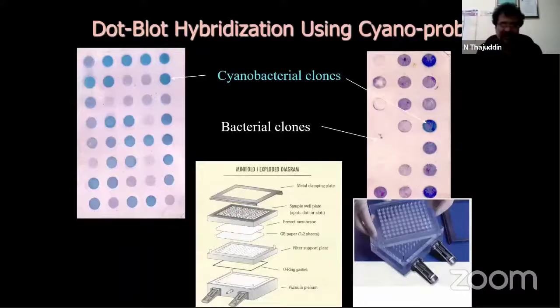To identify which clones are cyanobacterial 16S and which are bacterial 16S, we use the dot blot hybridization technique with a cyanoprobe. The cyanoprobe is a small oligonucleotide, highly conserved for cyanobacteria, which is tagged with some chemical dyes.